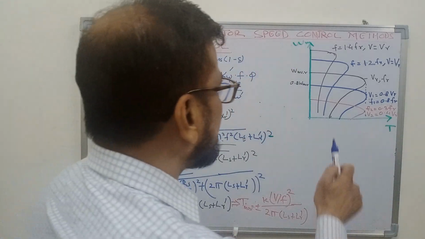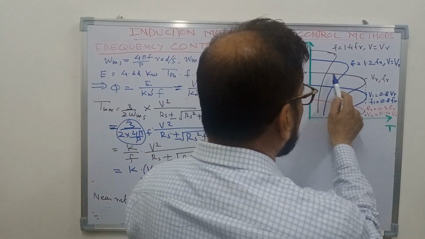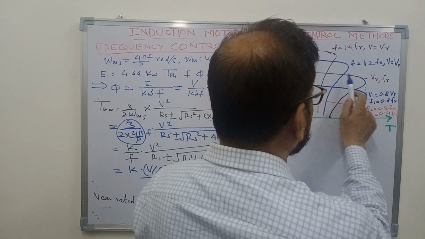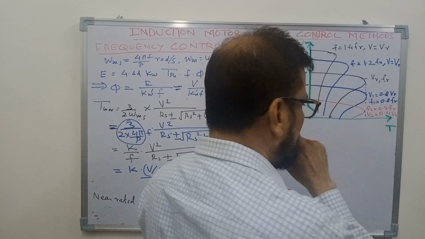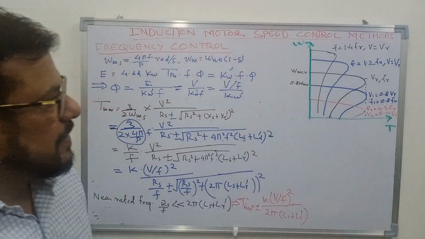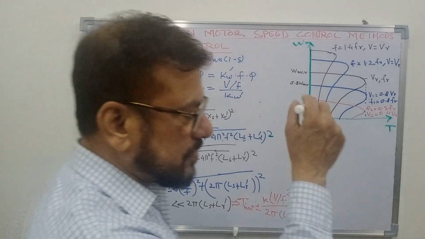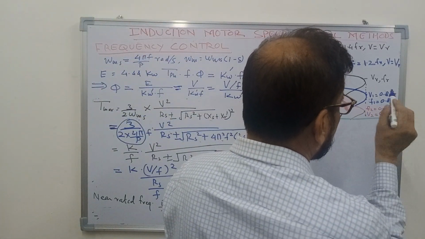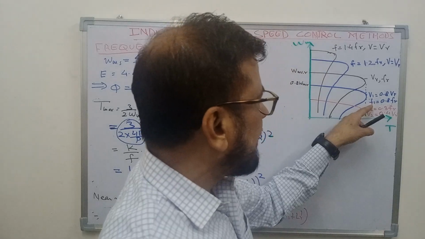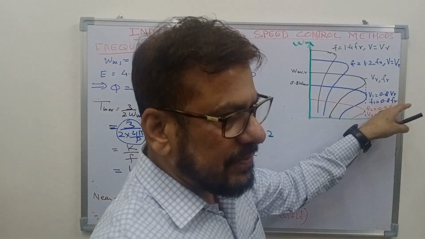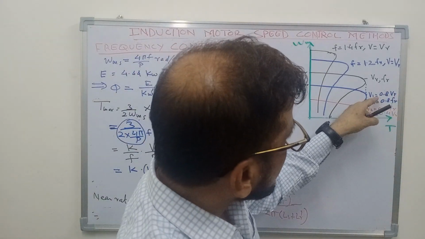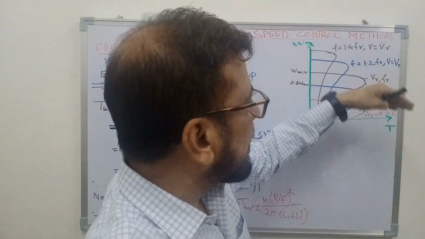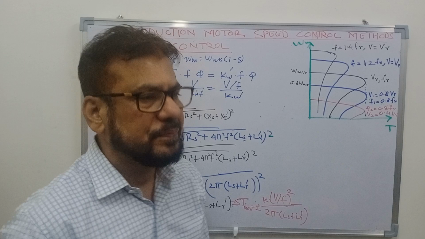So I have shown here that for rated voltage and frequency, this is the characteristic of the motor. If you want to reduce the speed, then you reduce the frequency. Suppose we have reduced the frequency by a factor of 20%. So F1 is 0.8 times Fr, and you have to make V1 equal to 0.8 times Vr. That is, V by F is constant at its rated value.